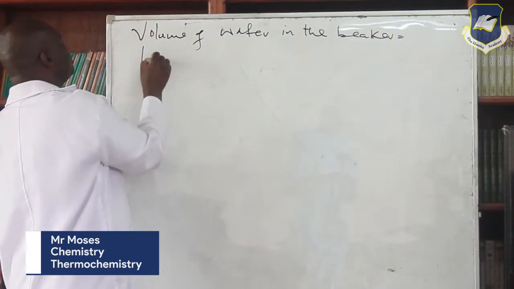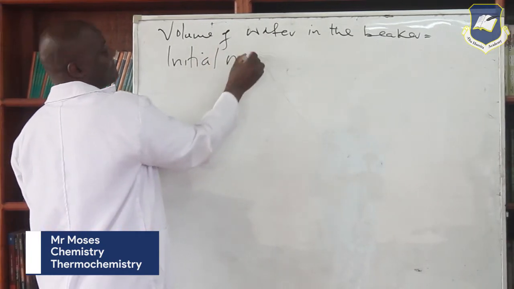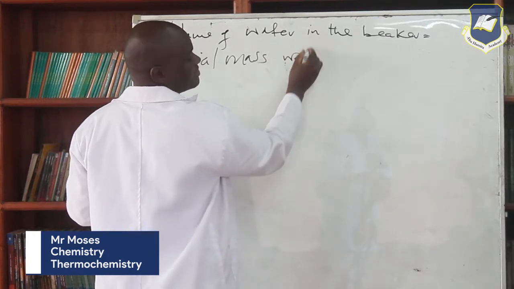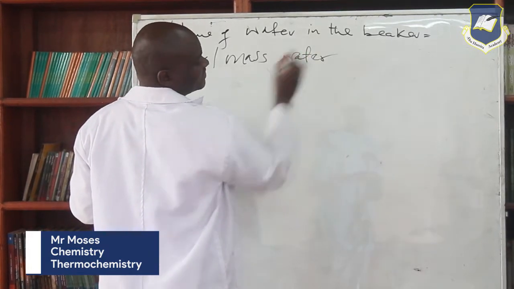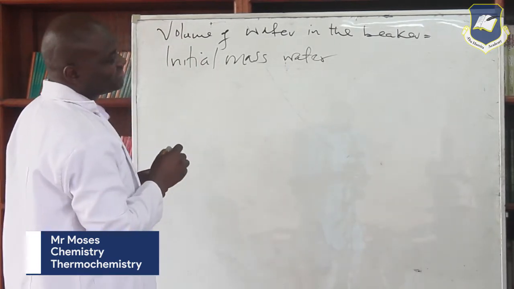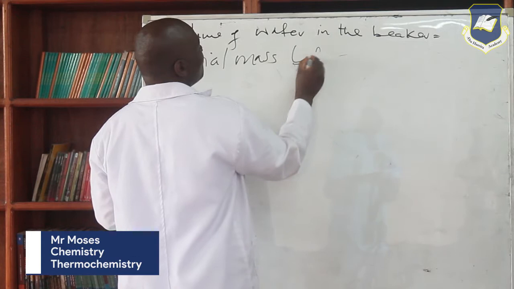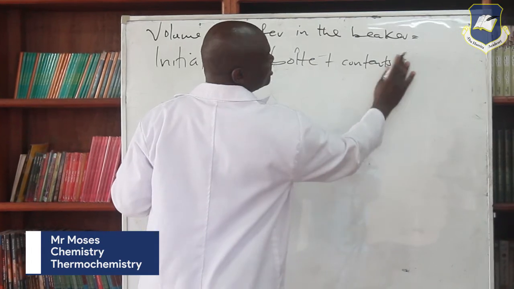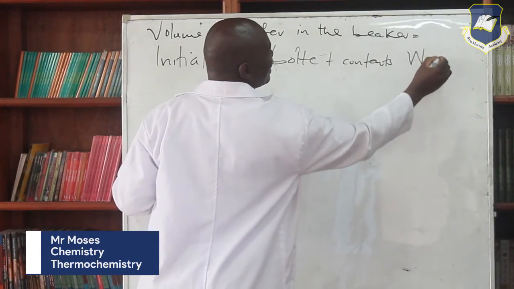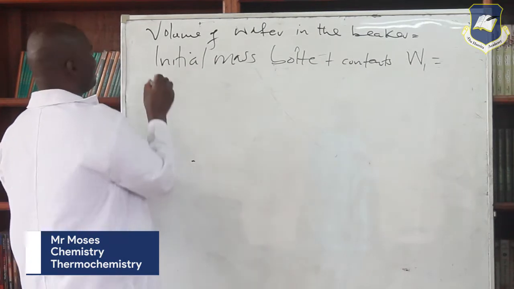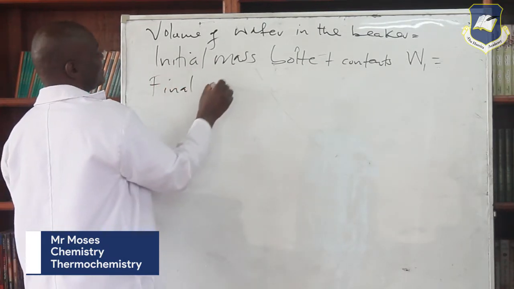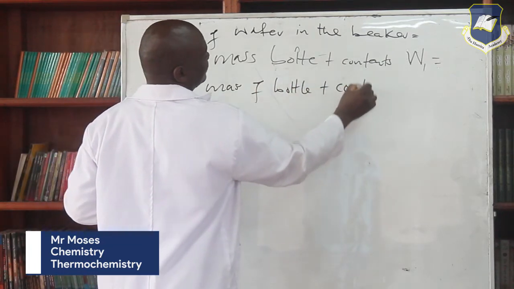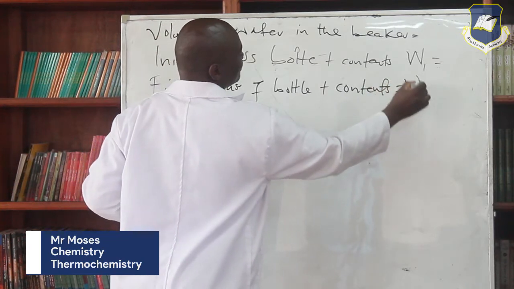Then I will have the initial mass of the bottle plus its contents, which should be the original mass, W1. Then the final mass of the bottle plus contents, which will be W2.